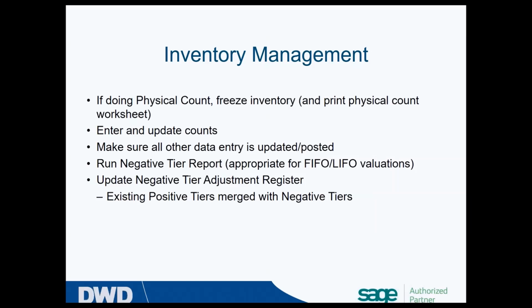We want to use what's called the negative tier adjustment register to merge those 2 tiers together. I want to blend my negatives with my positives, and whatever that net is left over, that's my true inventory. Especially if you have some issues with strange costing, we really want to get that blended so that we have a more accurate reflection of what our inventory truly is.